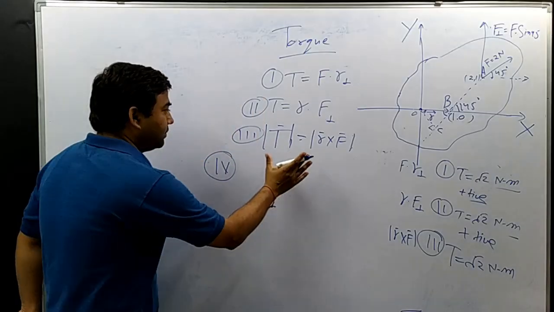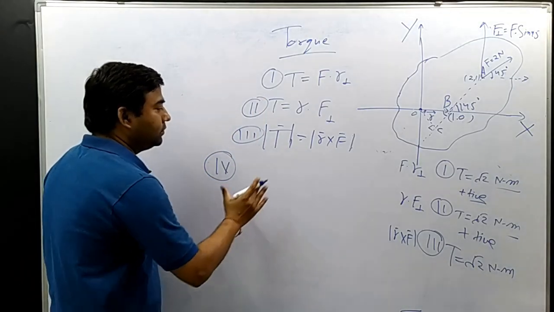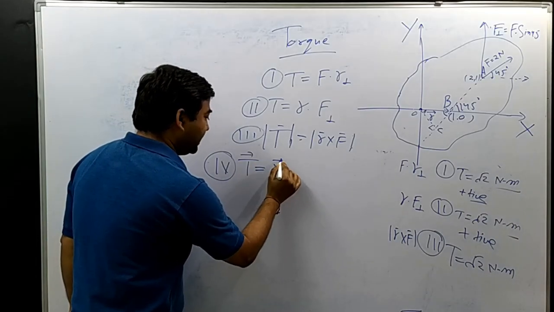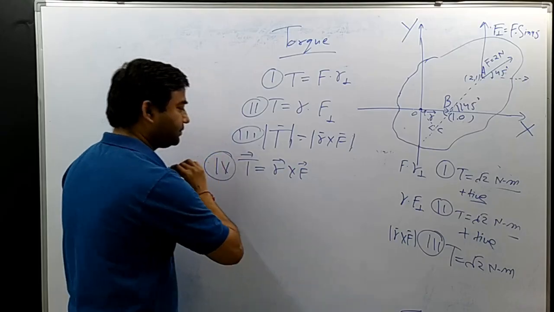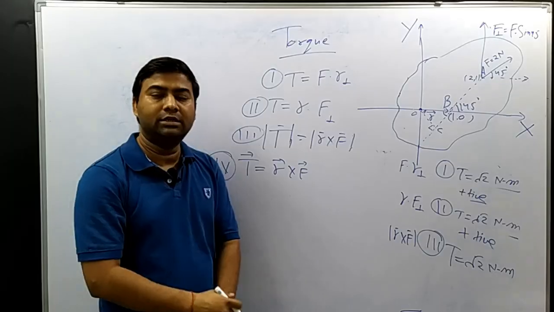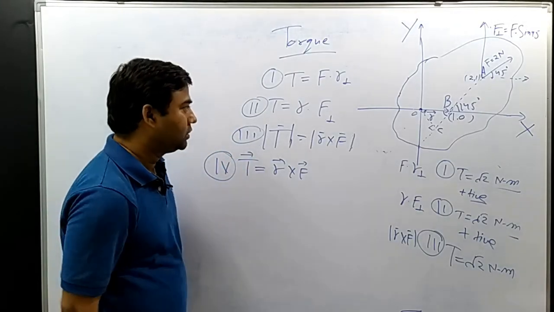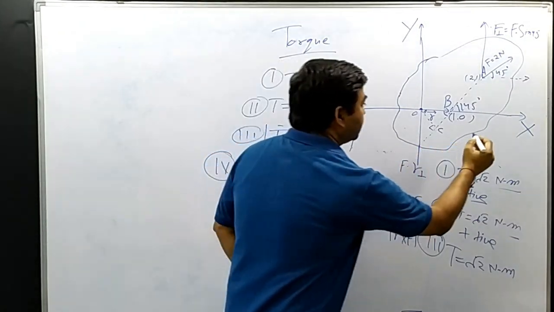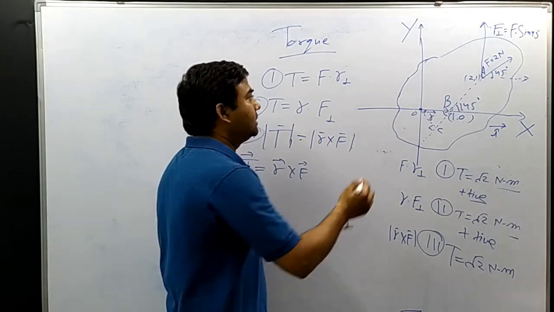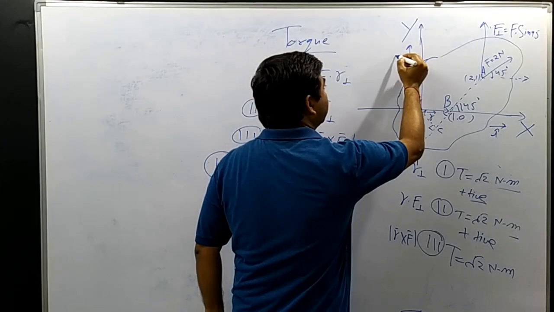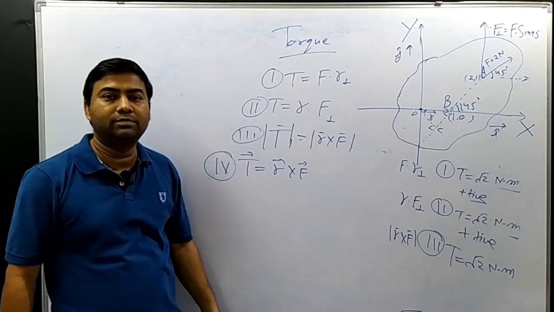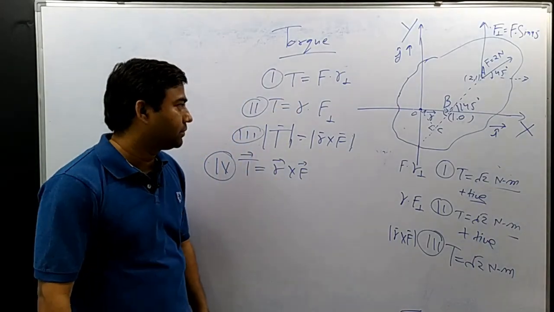So by this definition, we know the definition of torque is R cross F. So we have to find vector R and vector F in terms of I and J. So I is the unit vector in this direction, and J is the unit vector along the positive direction of the y-axis.